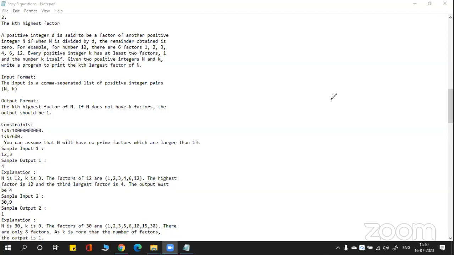So why are we storing actually? Many people are answering, store the array and then print from the last that particular number.